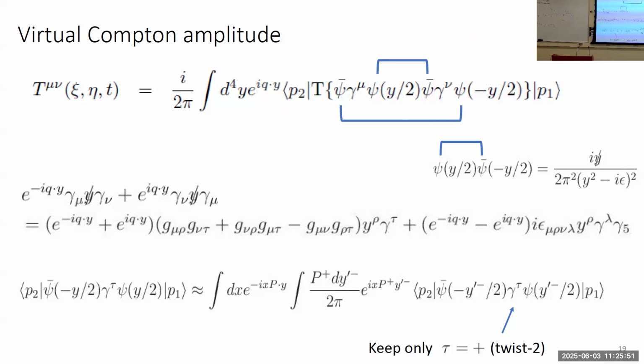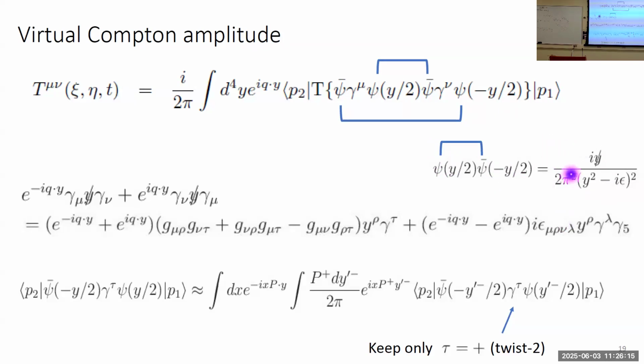And the way you do it is, again, we do the operator product expansion. So suppose this Q is very large, so this correlation function is dominated by the small y region. So I can do the OPE. And this time I'm doing it in coordinate space. That's convenient. So this contraction between quark fermionic fields is basically the free fermion propagator.